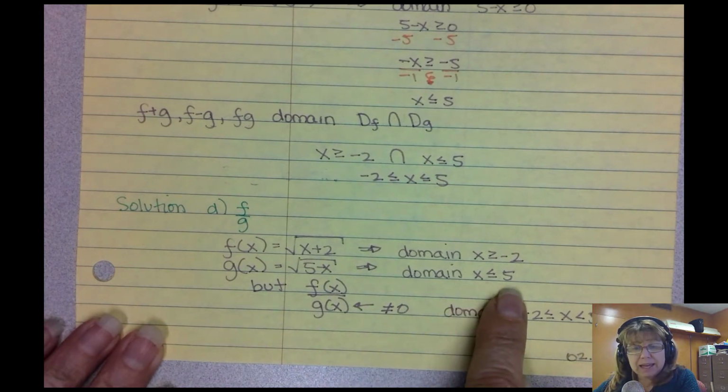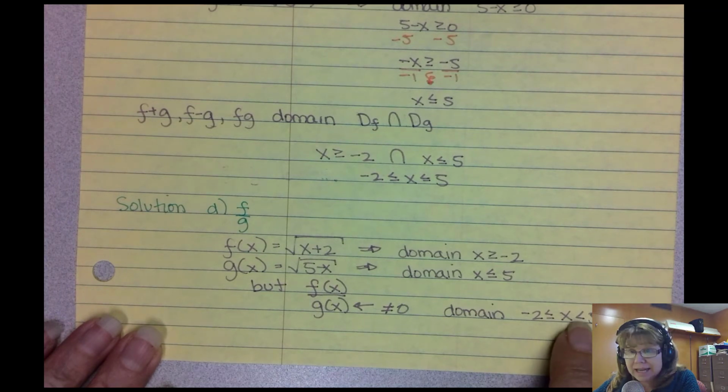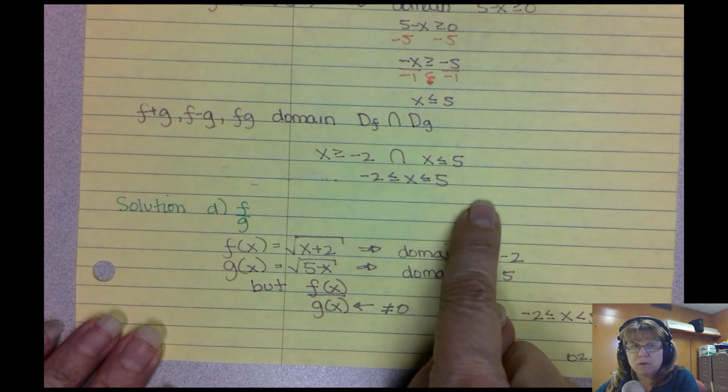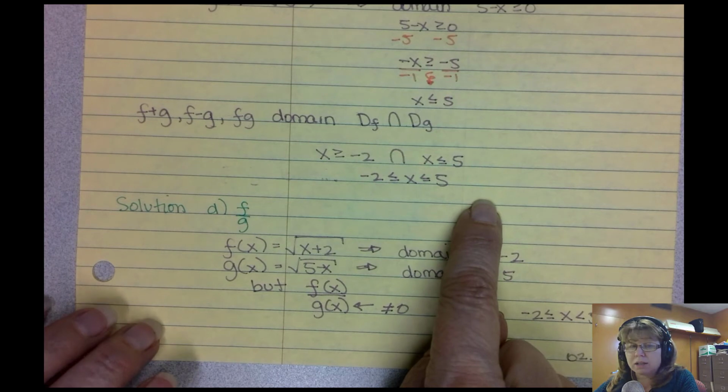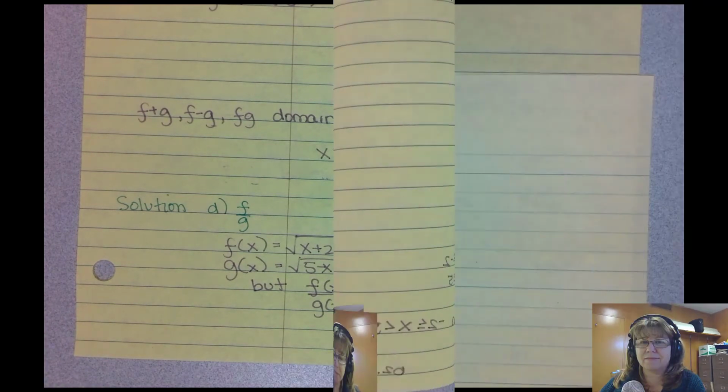And therefore we can't let x be 5. So it's just one slight little change of the domain. It's going to be negative 2 is less than or equal to x less than 5. We're not allowed to include 5 with the division. We're allowed to include the 5 for the other combinations of functions.